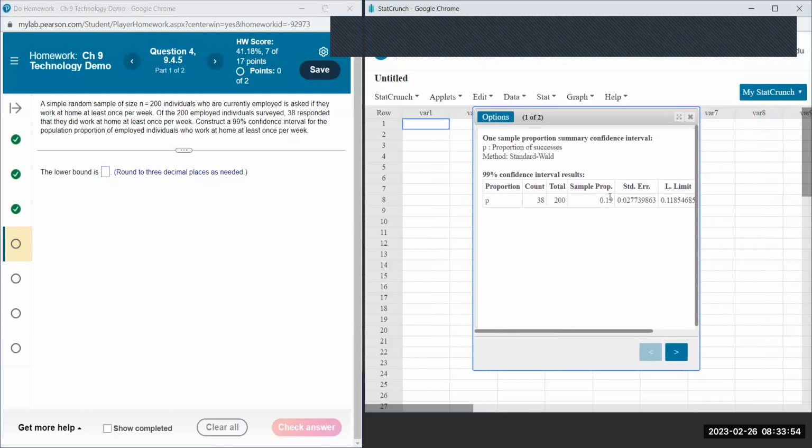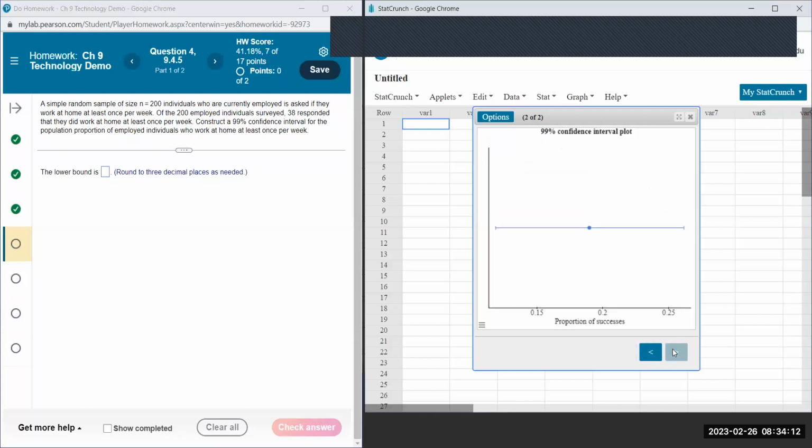Okay, so the sample proportion is 38 divided by 200. For this one sample, 19% answered yes, they work at home at least once per week. Is that the truth for the entire population of people that work? No, but we could come up with a window where we believe the truth lies. So this value here is the sample proportion of 0.19. Based on that sample, we can come up with a little window.